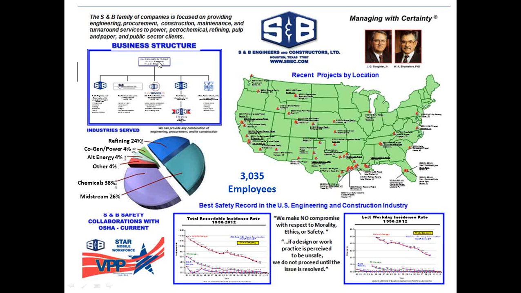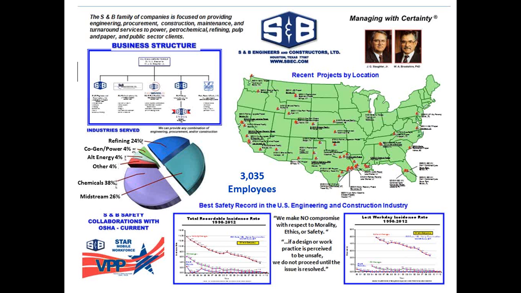Okay, just a brief overview of S&B Engineers and Contractors, headquartered in Houston, Texas. We primarily play in the chemicals, the midstream, and the refining business. That's almost 3/4 of our business, a little over 3,000 employees. We have projects scattered all over the United States. We're basically a domestic player.